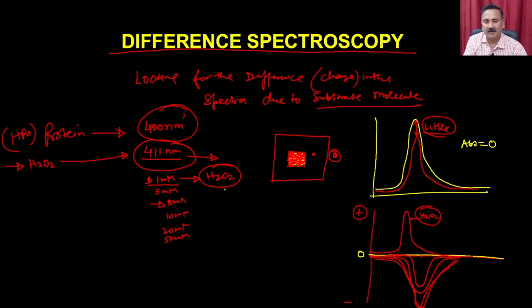Once the value goes beyond this binding site, it will be present as a separate molecule, and that's why, instead of showing you difference spectroscopy, it will start showing you absorption spectroscopy. So this is unbound hydrogen peroxide, whereas this is bound hydrogen peroxide, and that is a very robust and important tool to be exploited in difference spectroscopy.